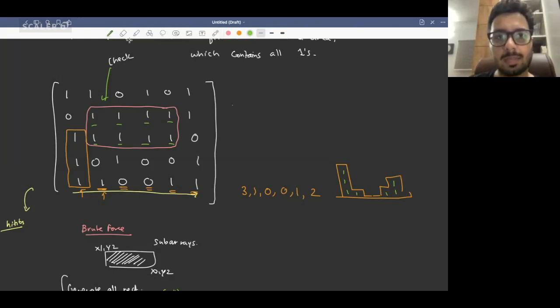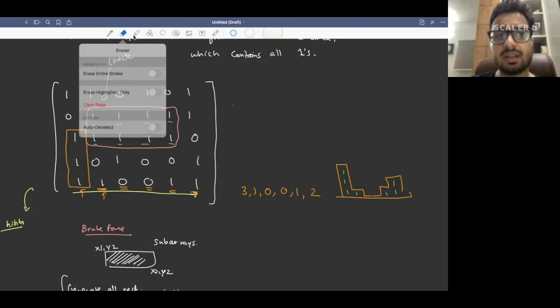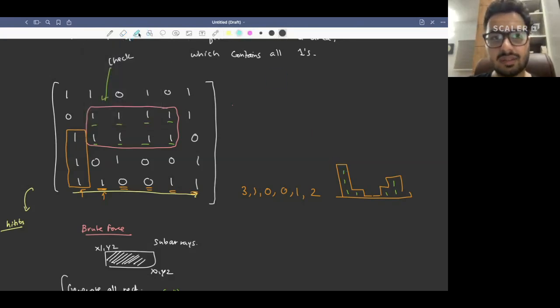Largest area, right? 3. Absolutely correct. So I'll get that. If I do the histogram thing here, I'll get maybe this, which is 3. Okay, let's do it at this row.